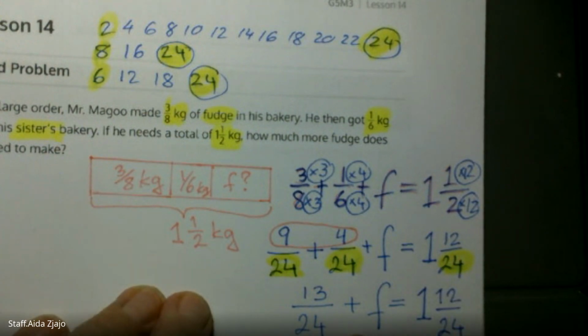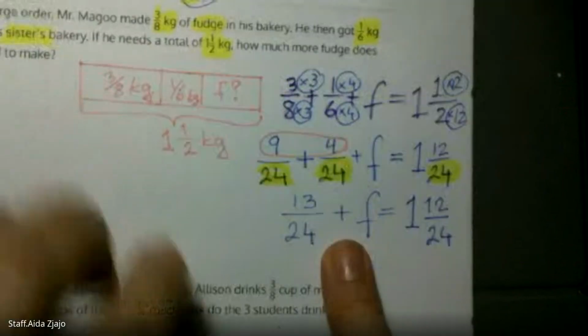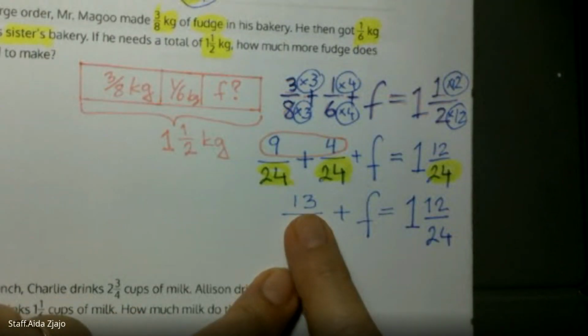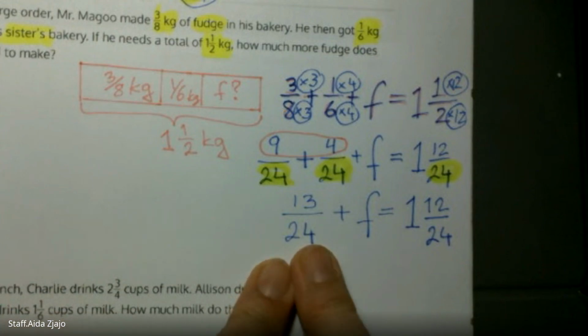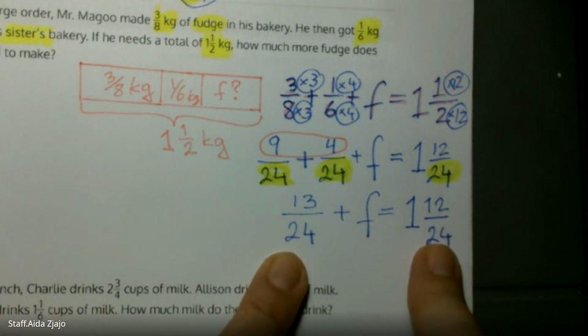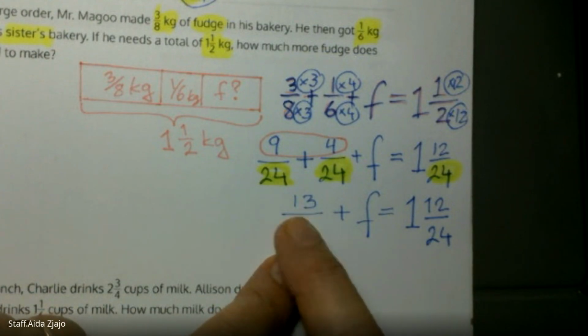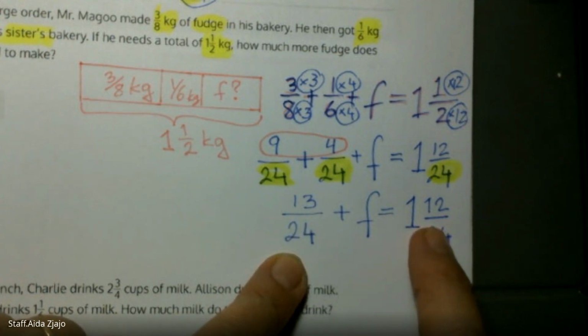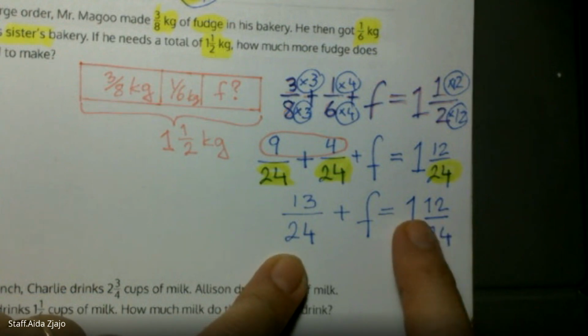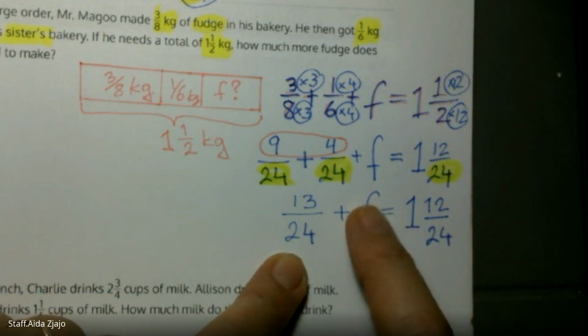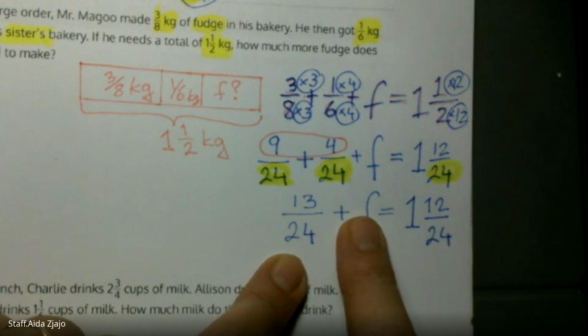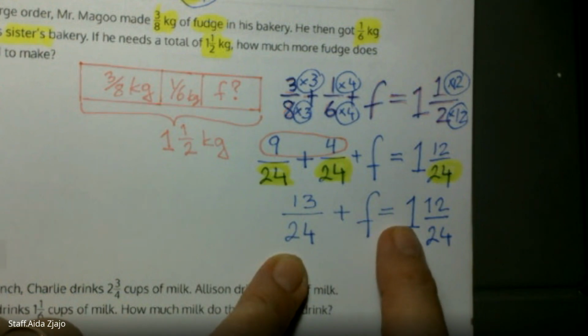When you think logically, you have 13 but you need 12, so you have 1/24 more than you need here. So F should be 1/24 less than a whole.